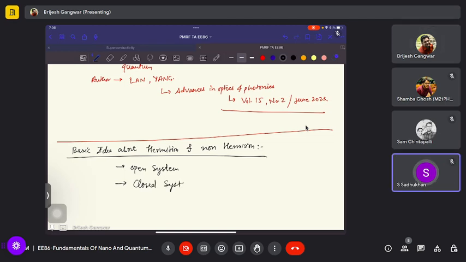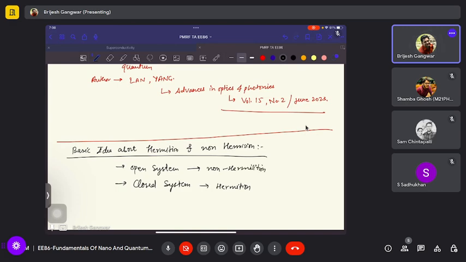So these two types of system you read. In more advanced terms, whatever the closed systems are, these are all Hermitian systems, and whatever the open systems are, they are considered non-Hermitian systems. If you look from the point of view of quantum mechanics, Hermitian operators are there.